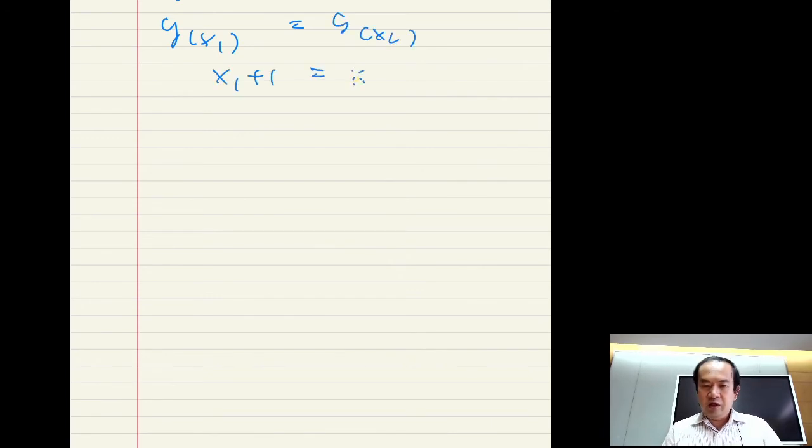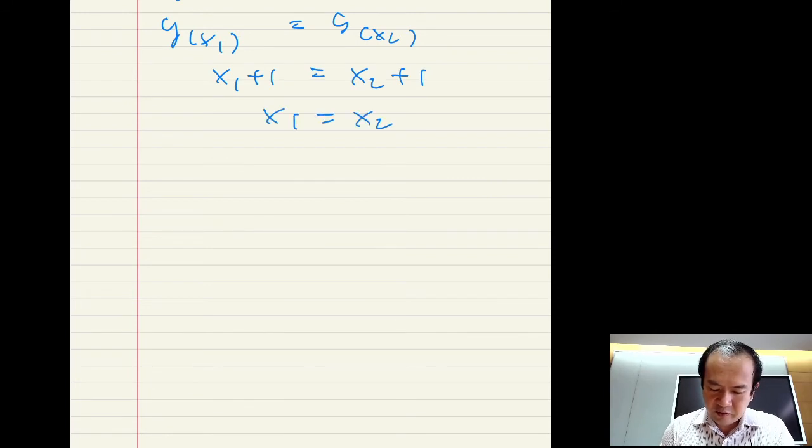Let's say g of x1 equal to g of x2, x1 plus 1 equal to x2 plus 1, x1 equal to x2. Again, the function is one-to-one.